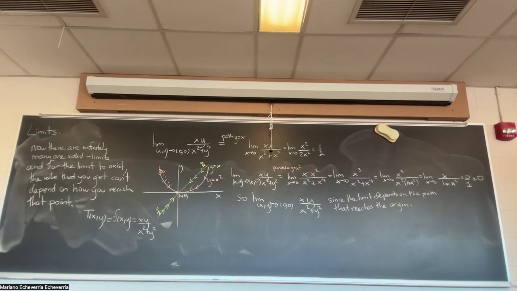Let me try to see if I can plot it, because it's harder. For example, in the one variable case, it literally looks like it has a jump. But here it can do more crazy stuff. Let's see if I can show you how this looks.